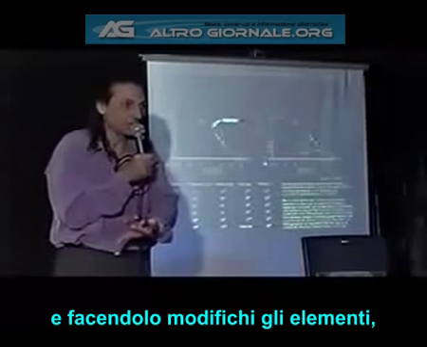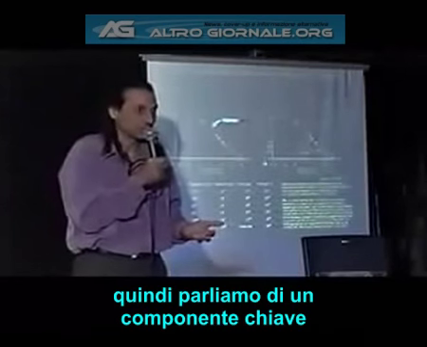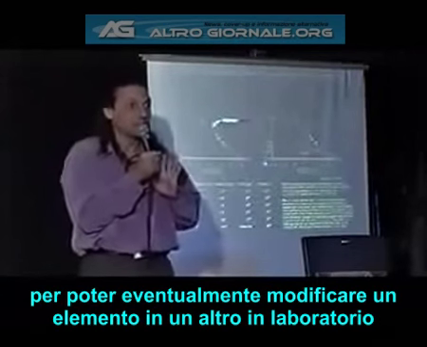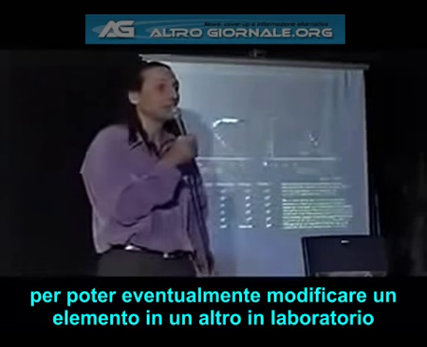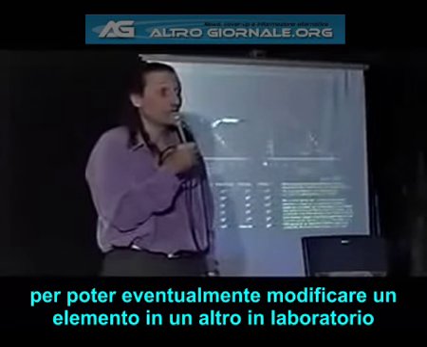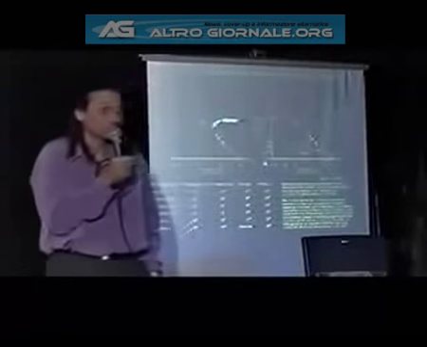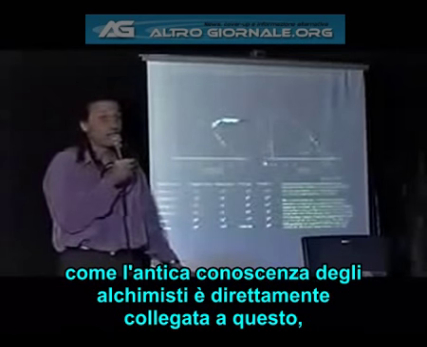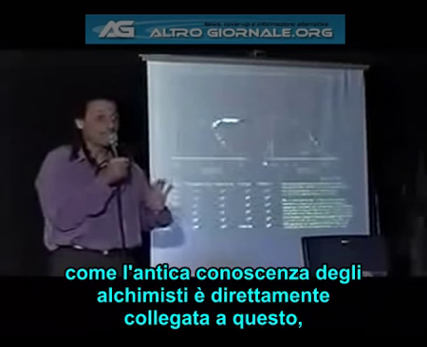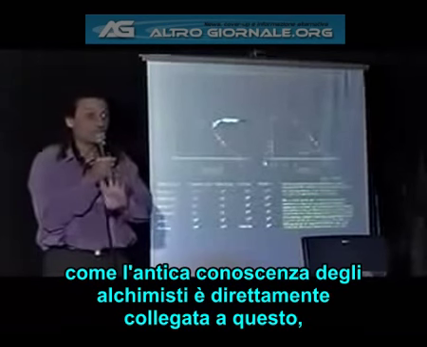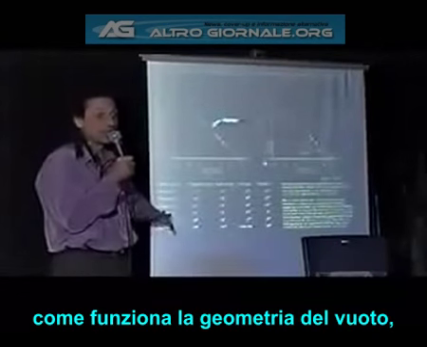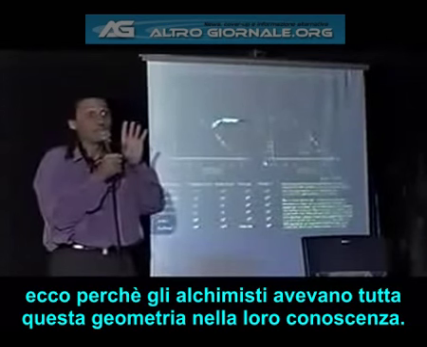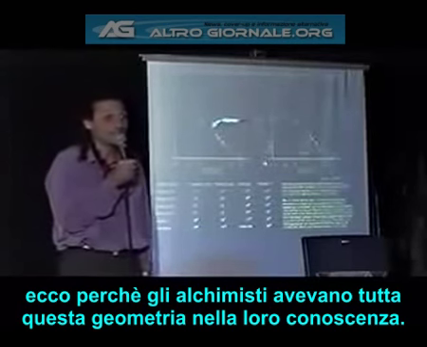And by doing so, you would change the elements. So it is a key component to eventually being able to change one element into another in a laboratory. And we'll see tonight and this afternoon how the ancient alchemist knowledge is directly related to this, and how the geometry of the vacuum functions. That's why the alchemists had all this geometry embedded in their knowledge.